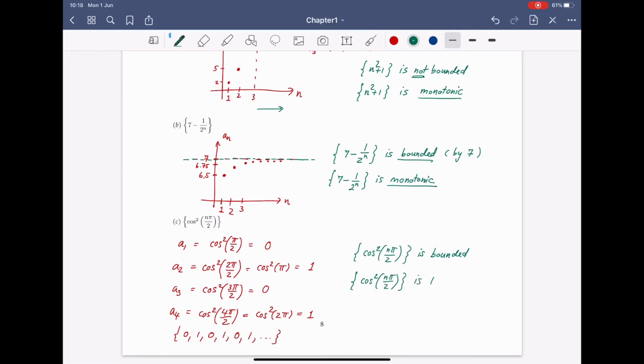The answer is no, this is not monotonic, because it does not go in one direction. It swaps between 0 and 1 all the time. If you plot this, you get 1, 0, 1, 0, 1. It is bounded, but it is not monotonic.